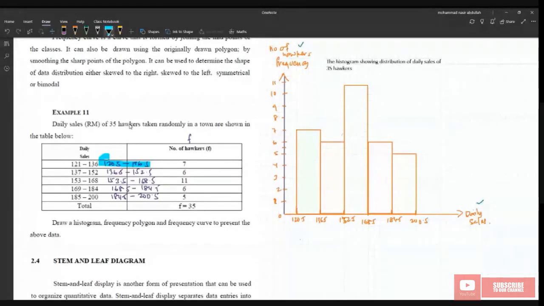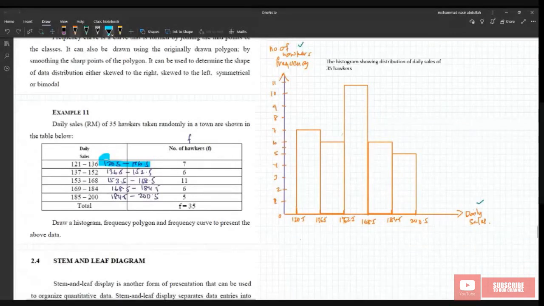So 120.5 plus 136.5, divided by 2, it should be equal to 128.5. So this is going to be your midpoint for the first class, right?